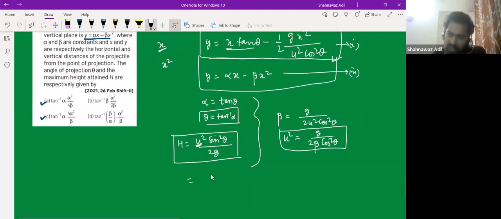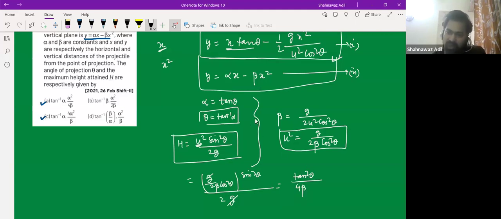We will get g by 2 beta cos square theta times sine square theta divided by 2g. So g and g cancel. Sine square theta by cos square theta is tan square theta, divided by 4 beta.